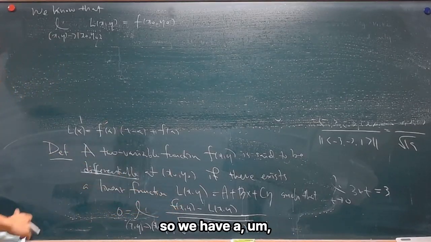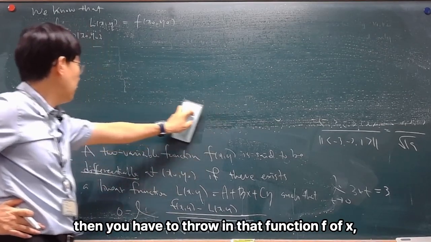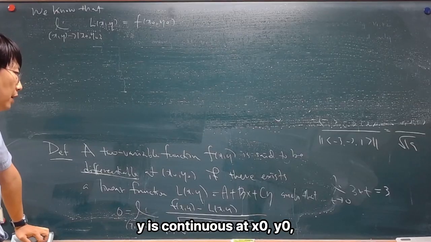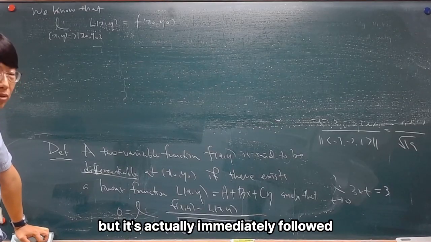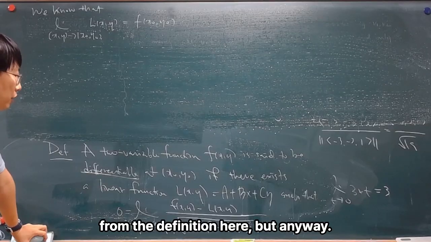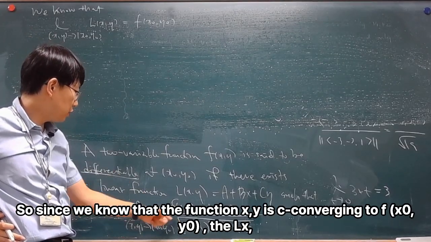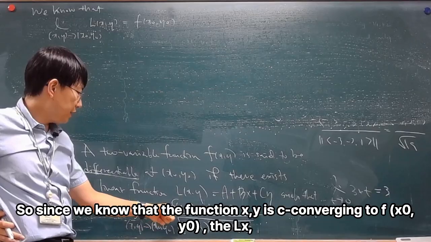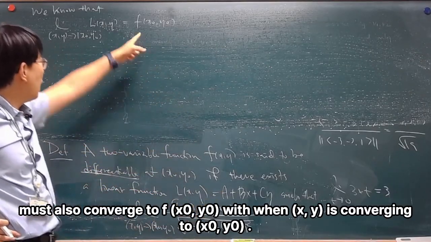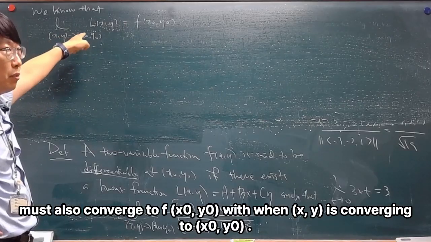By the way, if you want to throw in more conditions, you have to assume that f of x, y is continuous at x0, y0, but it immediately follows from the definition here. Anyway, since f of x, y is converging to f of x0, y0, L of x, y, whatever that is, must also converge to f of x0, y0 when x, y converges to x0, y0.